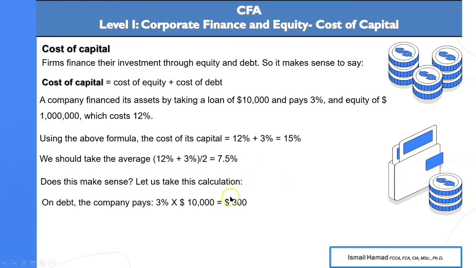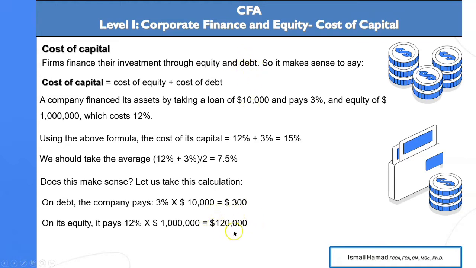So the debt will cost the company only $300, while the equity costs the company $120,000, which is 12% times 1 million. So by adding both, I get the figures in dollars, how much the capital provided by the equity owner and the debt holder.